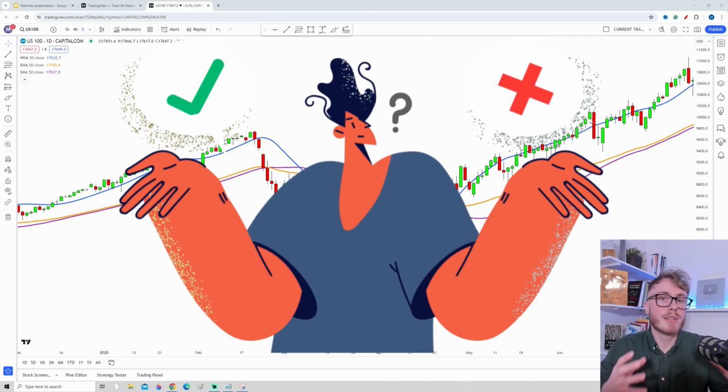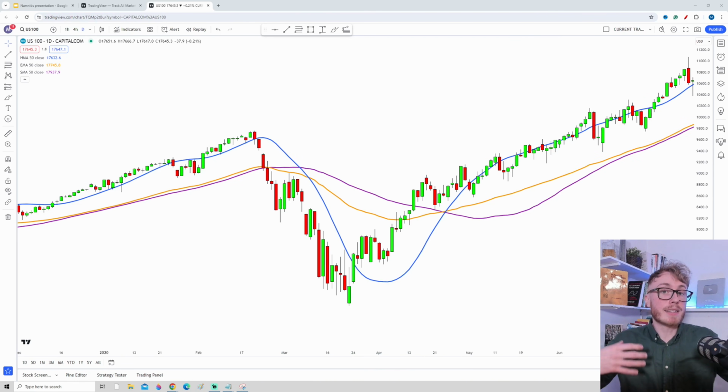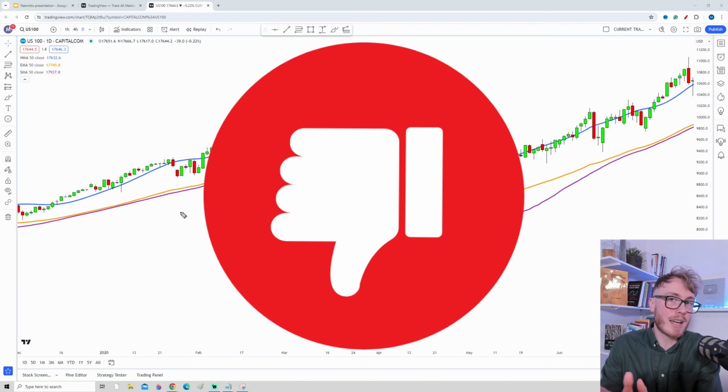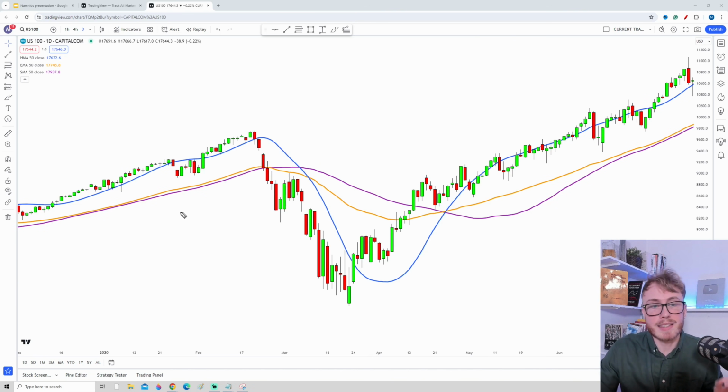So what are the pros and cons of the HMA? Well, one thing that can of course be a benefit is the improved responsiveness. So if you are a short-term trader that needs to make quick decisions based on the most recent price movements, the HMA can be a great choice. But one downside with the HMA is that because it reacts so quickly, we will actually get many false signals.